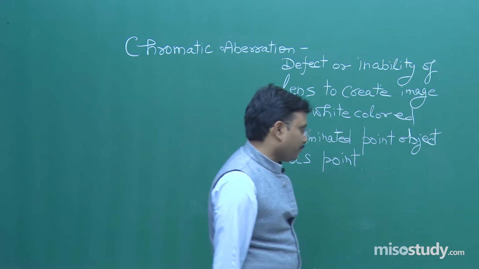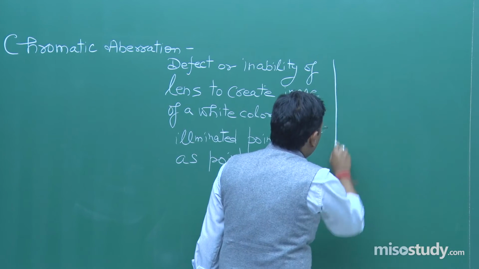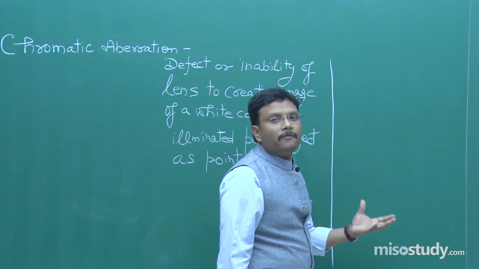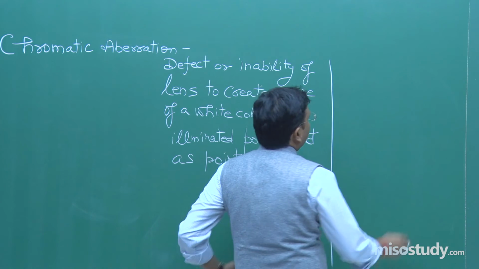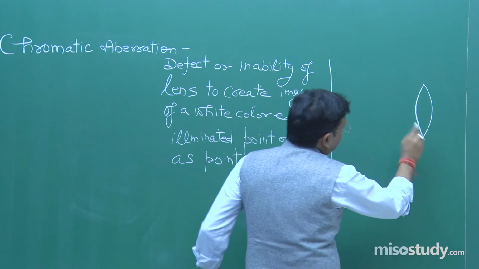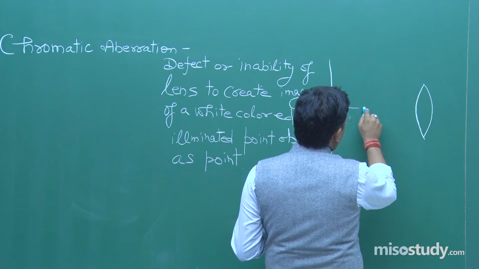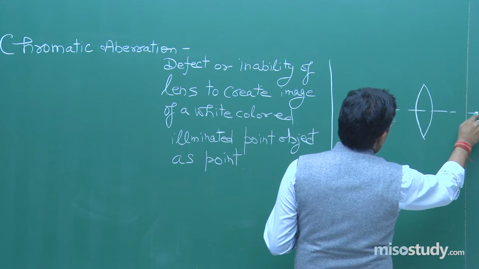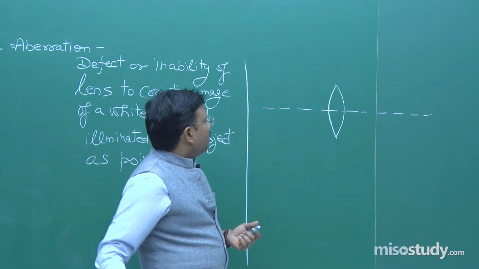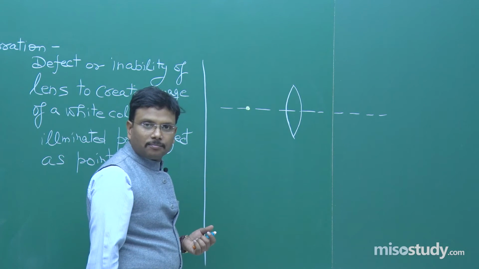Listen carefully. Let us say I have a convex or concave lens. Let us say it is a convex lens, as an example I picked. Now, let us say a point object is placed over here.